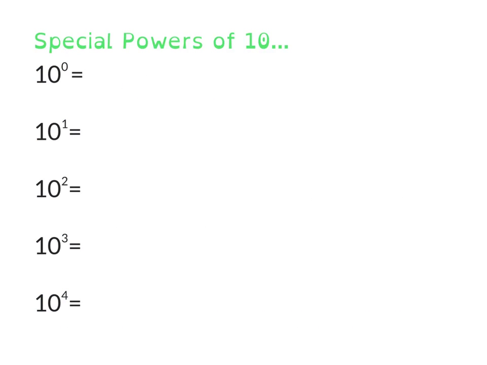Alright, so there are some special powers of 10 that you need to know about. 10 to the 0 power is kind of a weird one. You just have to remember 10 to the 0 power is equal to 1. Okay? From there, everything's pretty easy. So 10 to the 1st just means 10, because you're just multiplying 10 once. 10 to the 2nd power is equal to 10 times 10, right?